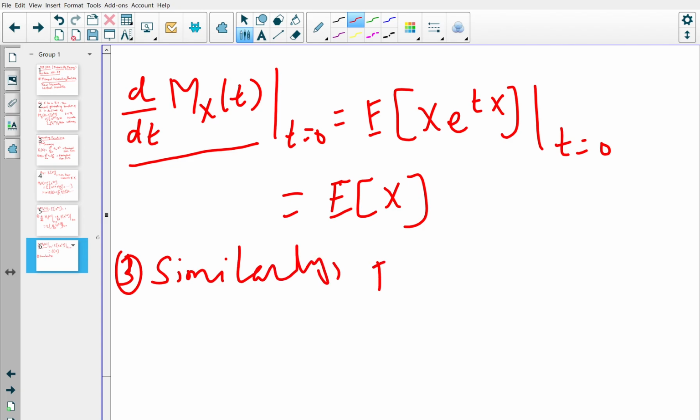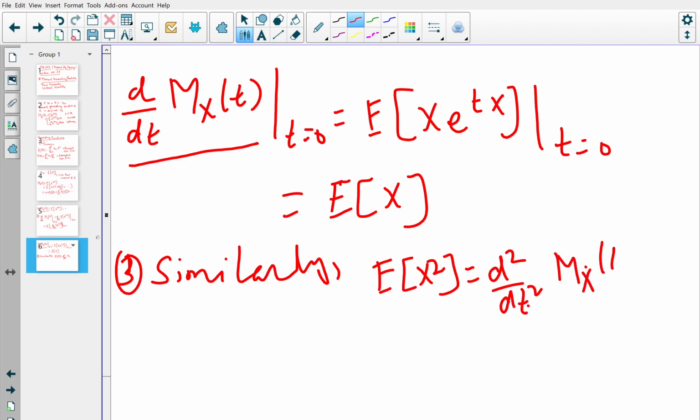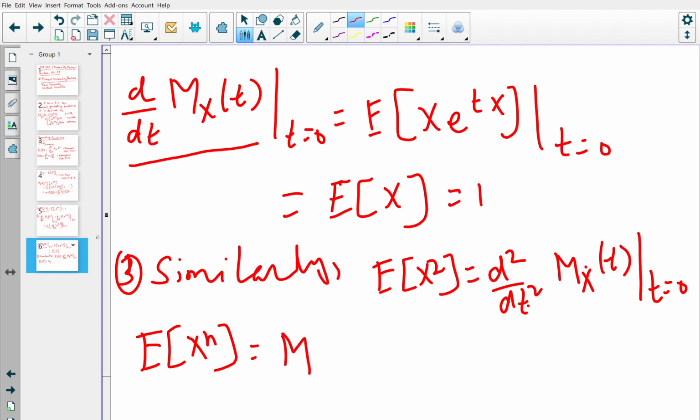as this, your second raw moment, you can find out as this double derivative at t equal to 0, and in general the nth raw moment you can write down as, okay, so let me write down, so this is actually M dash X(0).